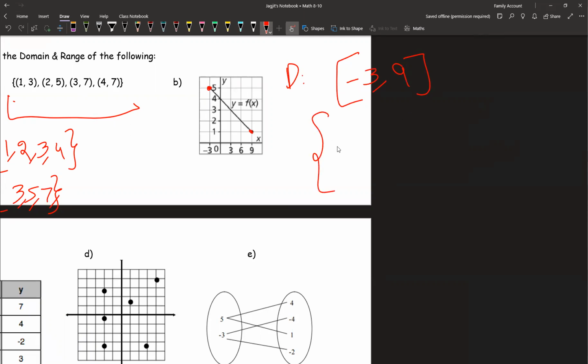Or you could write it in interval notation or set notation, where x is between -3 and 9, where x is all real numbers. That's another way you can write the domain. Or you can describe it in words. You can say x is all real numbers between -3 and 9, where both -3 and 9 are included. Okay.